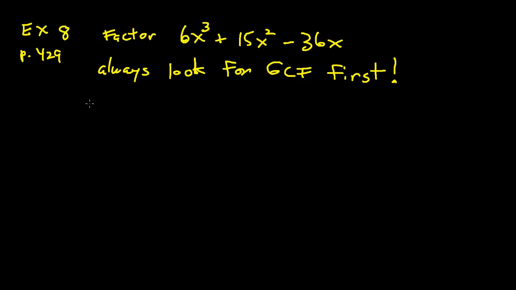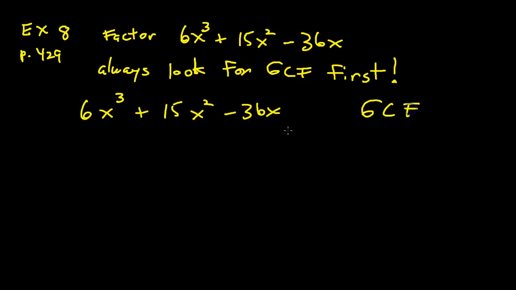But clearly, if I look at this expression, 6x cubed plus 15x squared minus 36x, I can find a GCF, right? The greatest common factor of all these coefficients is, of course, a 3. So I'm going to be able to factor out a 3. And I've got at least one factor of x common to all 3 of these terms. So I can factor out a 3x first.